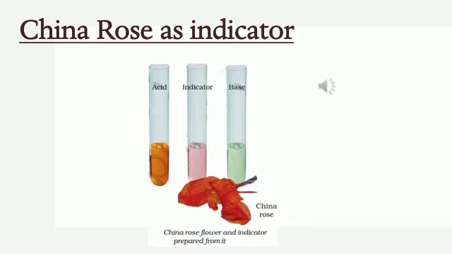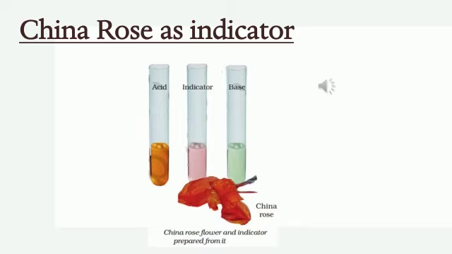Now we need to add some warm water to it and keep the mixture for some time till the water becomes colored. So we are taking some warm water in the beaker. We are placing these Gudal petals, that is China rose petals, in the warm water, and we need to wait until it changes its color and use the colored water as an indicator.